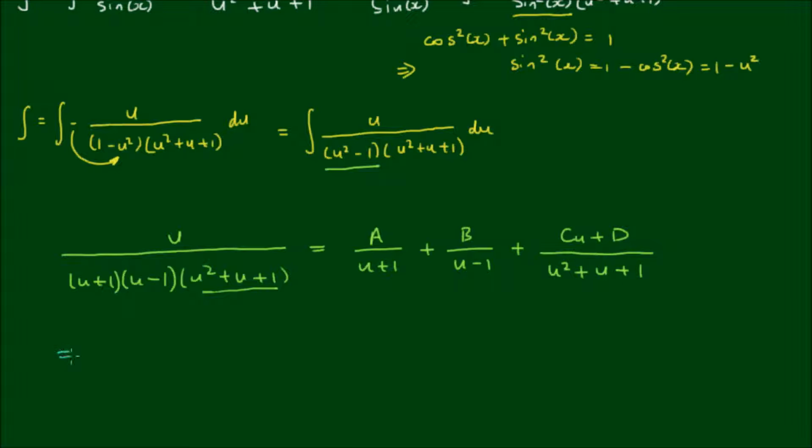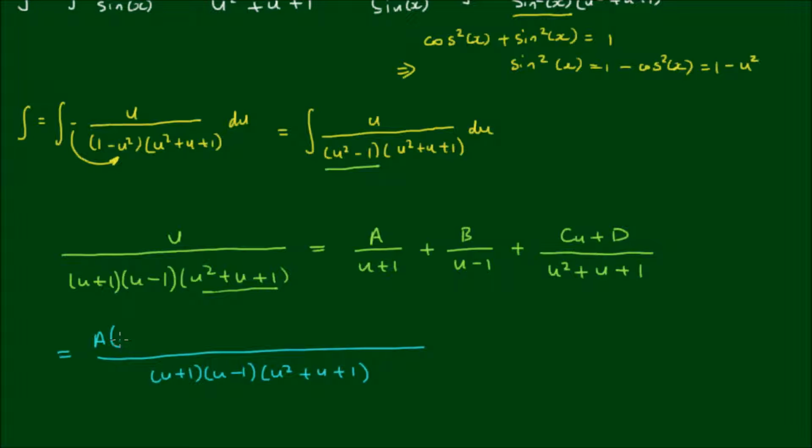Okay, so to combine the denominator, I'll get u plus 1, u minus 1, u squared plus u plus 1, so that's pretty straightforward. But now this constant a does not have the factors of u minus 1 and u squared plus u plus 1, so I'll multiply that.